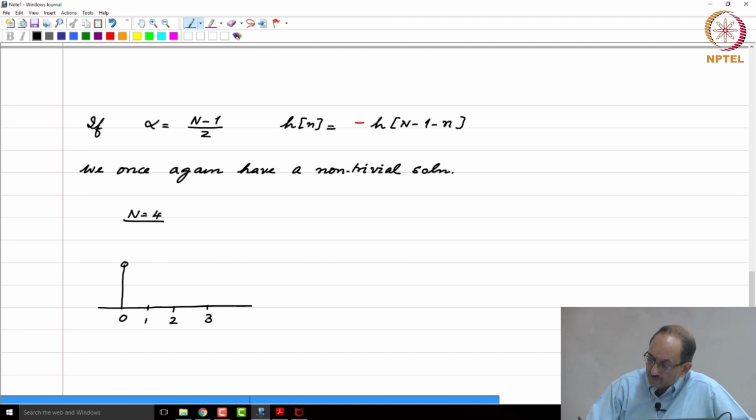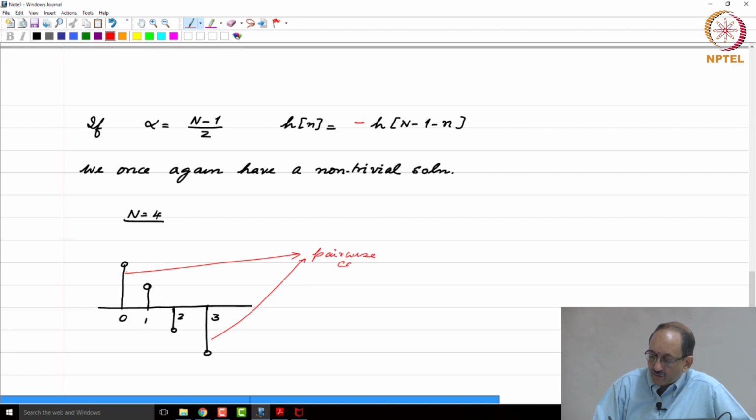You need odd symmetry, and hence if h of 0 were this, h of 3 has to be equal in magnitude but opposite in sign, and if h of 1 were like this, h of 2 will be like this, and as before, this and this pairwise cancel.